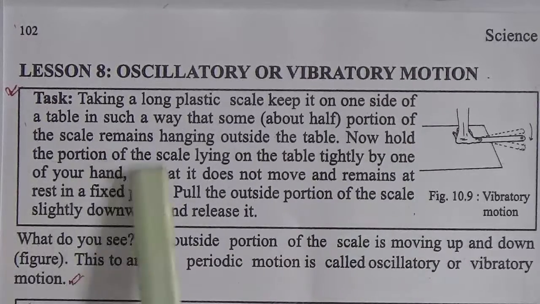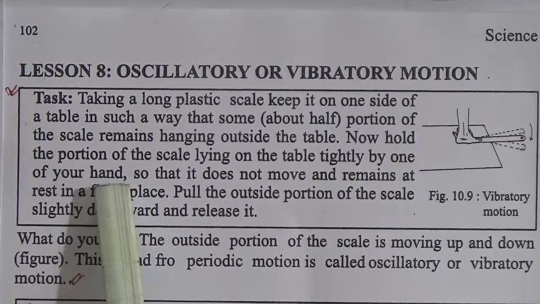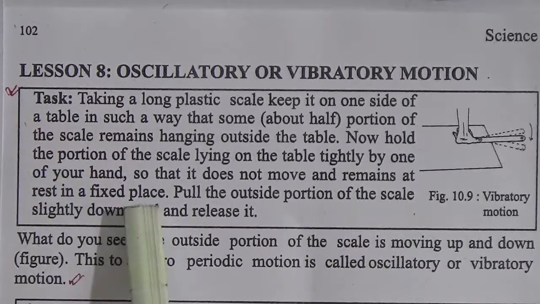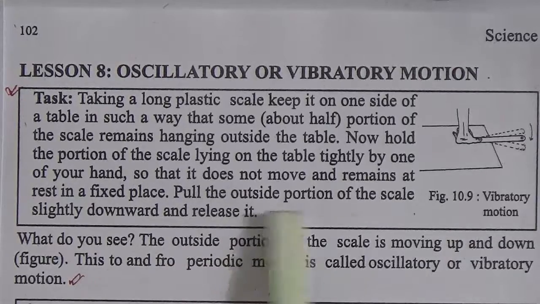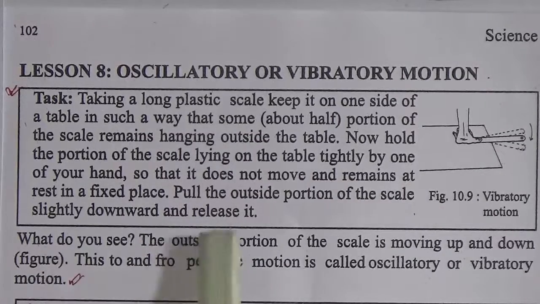Now hold the portion of the scale lying on the table tightly with one hand so that it does not move and remains at rest in a fixed place. Pull the outside portion of the scale slightly downward and release it. What do you see? The outside portion of the scale is moving up and down. This to and fro periodic motion is called oscillatory or vibratory motion.